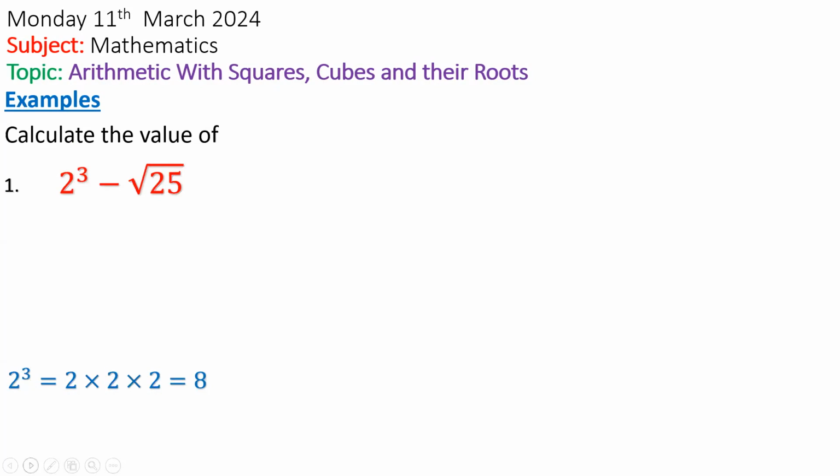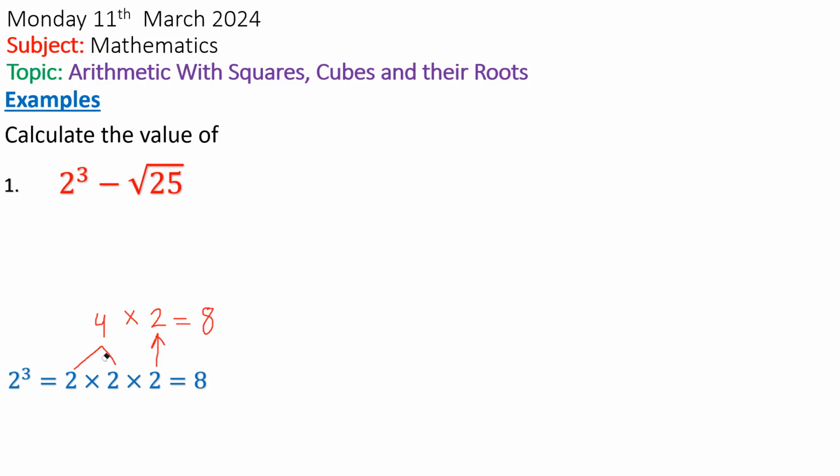Very good. We already know that 2 times 2 is 4, and if we multiply that by another 2, that's 8. So 2 cubed is 8. You all understand that?